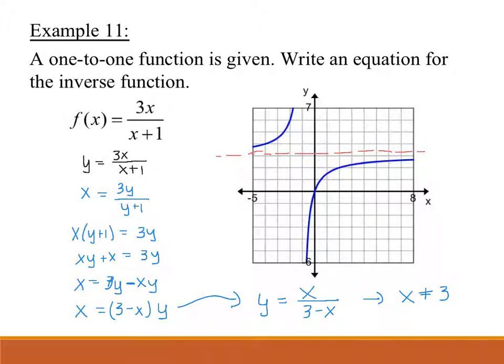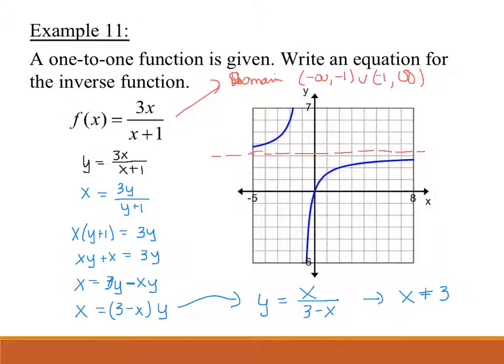So over here, the domain was negative infinity to negative 1, union negative 1 to infinity.